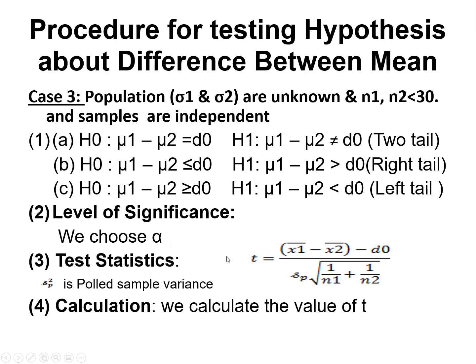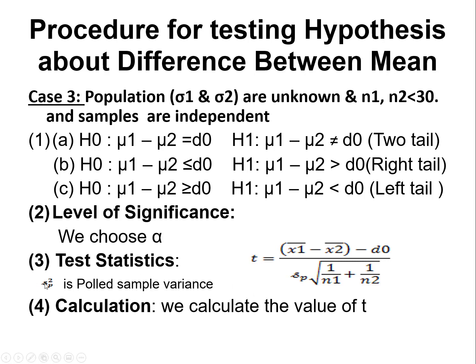Test statistic, this is very important, because in this formulation, instead of writing the normal standard deviation, we will use a standard deviation called the pooled sample standard deviation, which we will derive from the pooled sample variance. In the coming slides, I will also show you how you will calculate the pooled sample variance.